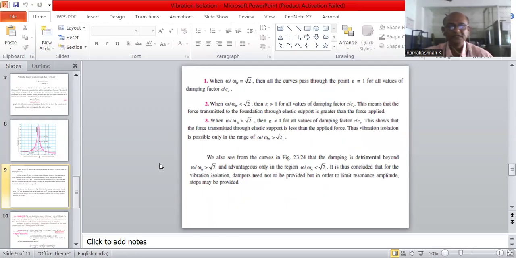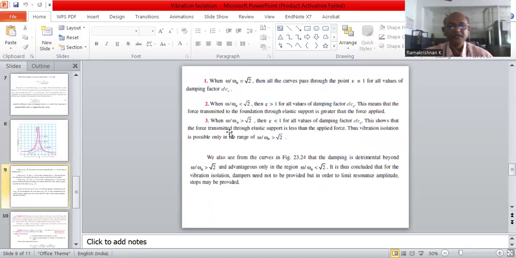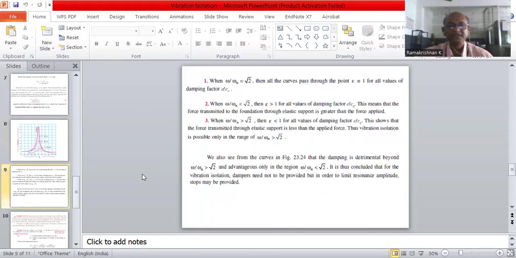Then the third case, omega by omega n greater than square root of 2. Notice this point, greater than square root of 2. Here the transmissibility ratio value is less than 1.